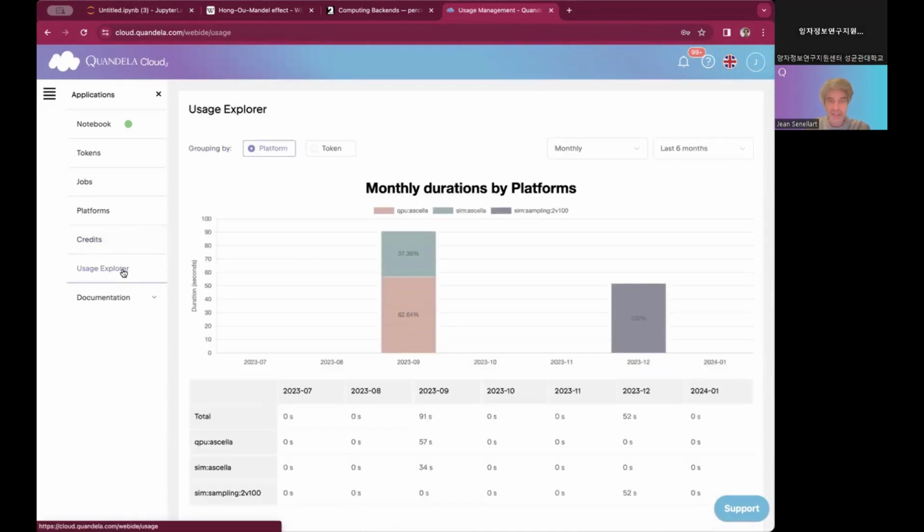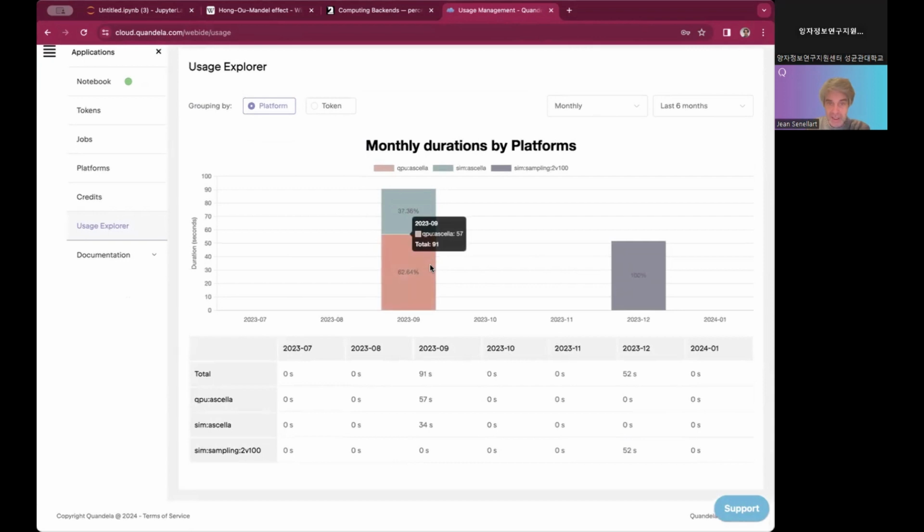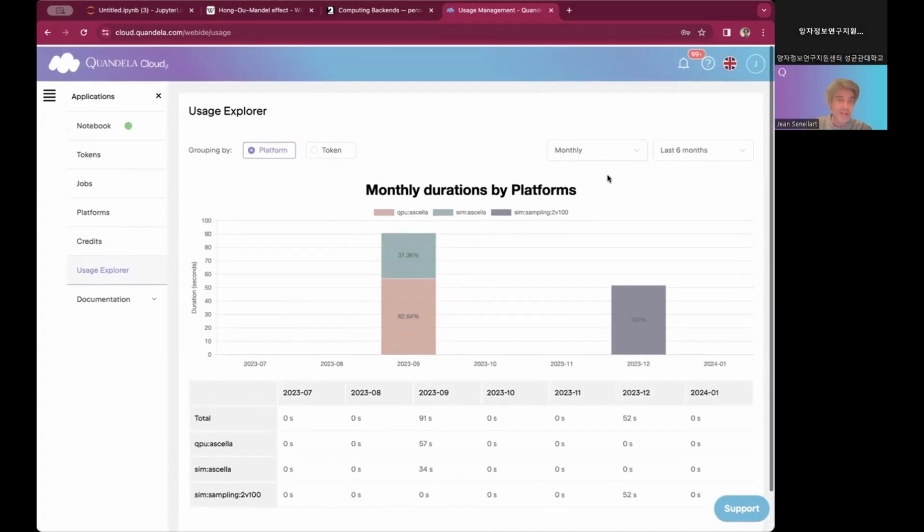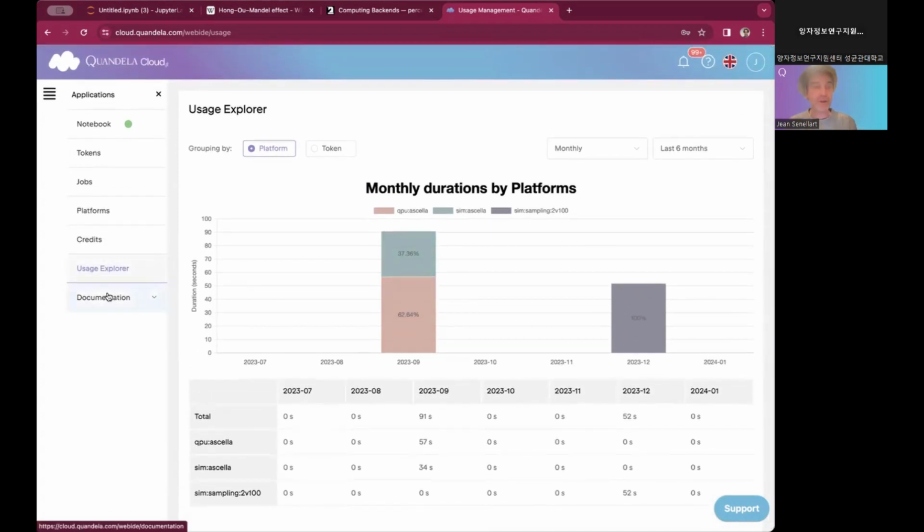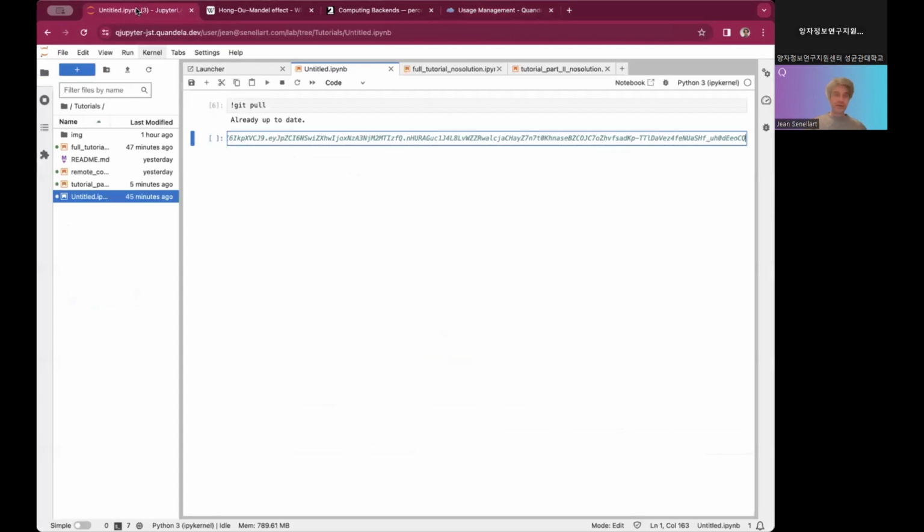You can see what I did: I ran some jobs on QPU, on simulator, and so on. You have some links to the documentation, so feel free to explore your Candela Cloud API. If you have any questions, let us know at the next session or send us an email, and we'll answer. So this is the Candela Cloud.